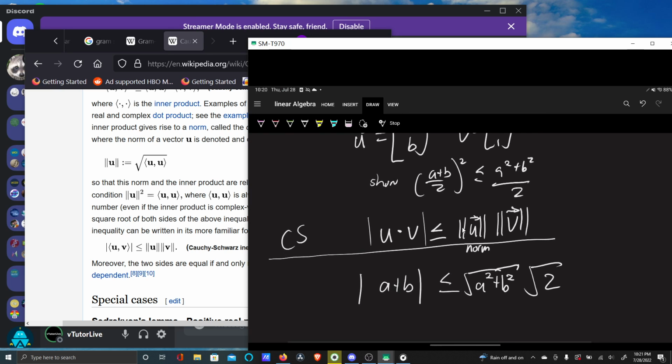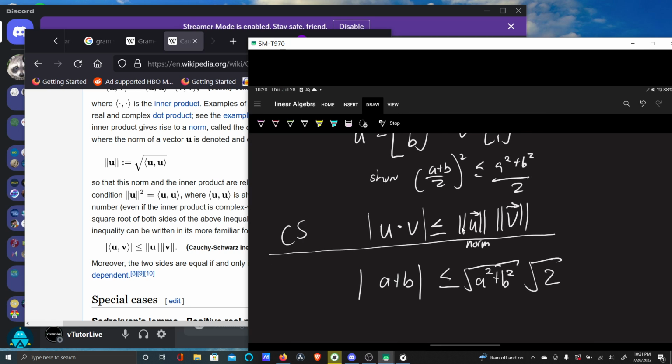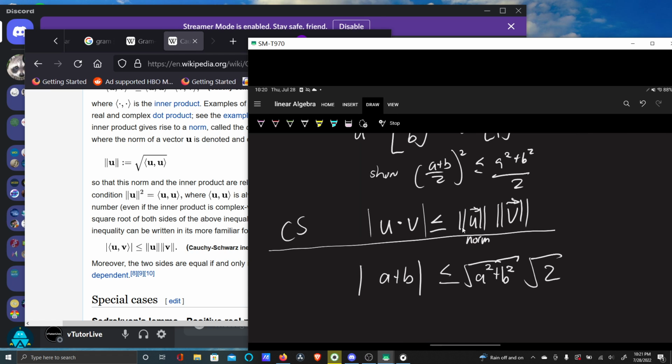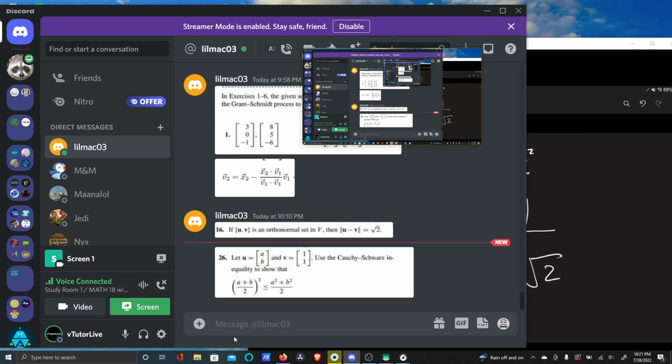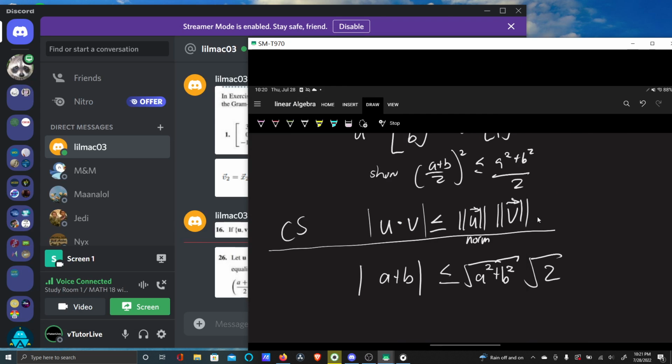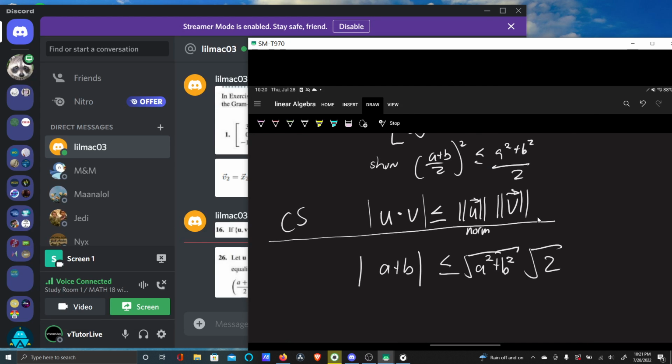So at this point, it pretty much looks like what we want. I would suggest that we square both sides, because here they have a 2 rather than root 2. I feel like I must have copied this wrong. Oh, no, I copied it fine. Basically, let's get rid of these square roots by squaring both sides.